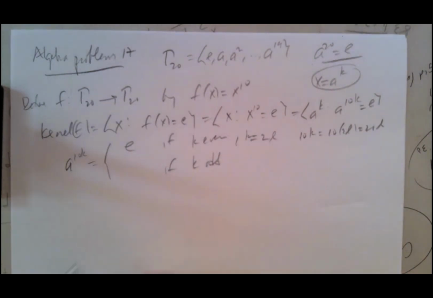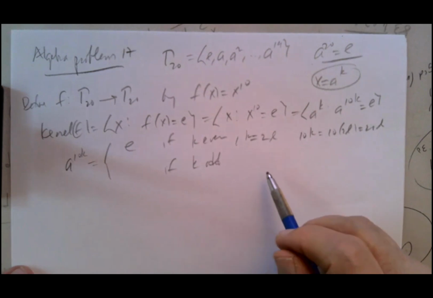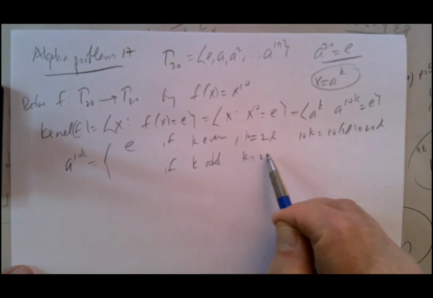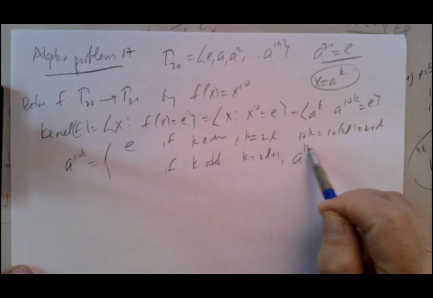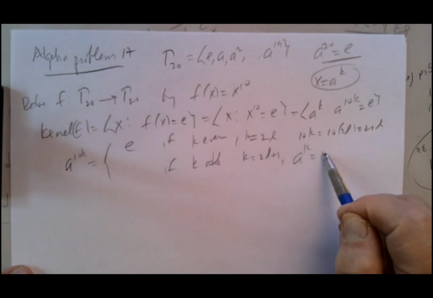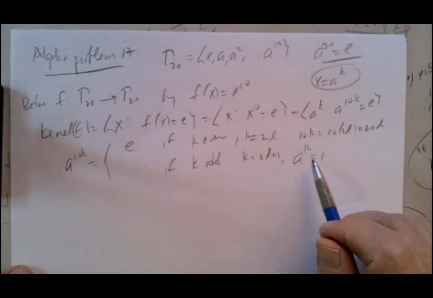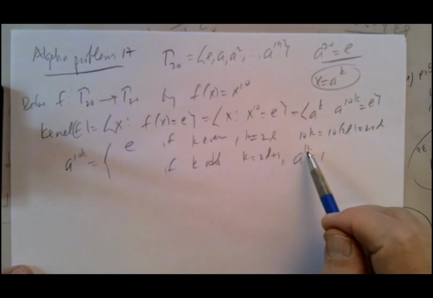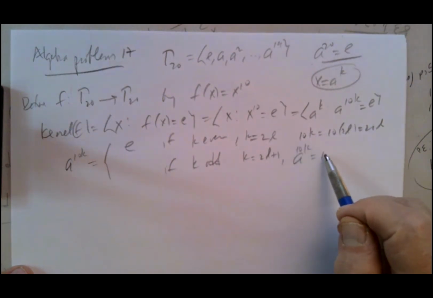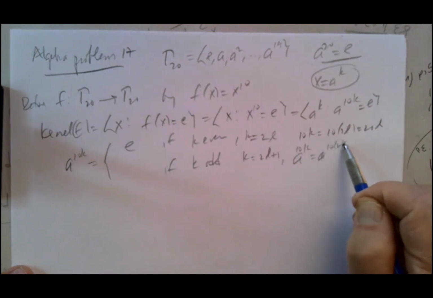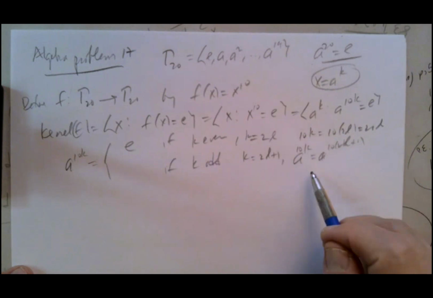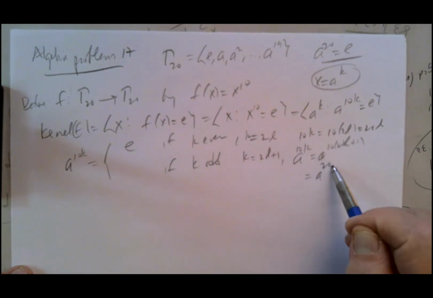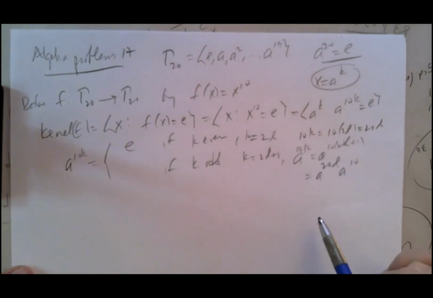And if k is odd, so k equals 2L plus 1, in that case a to the 10k is a to the 10 times (2L plus 1), because k is 2L plus 1. That's a to the 20L times a to the 10.